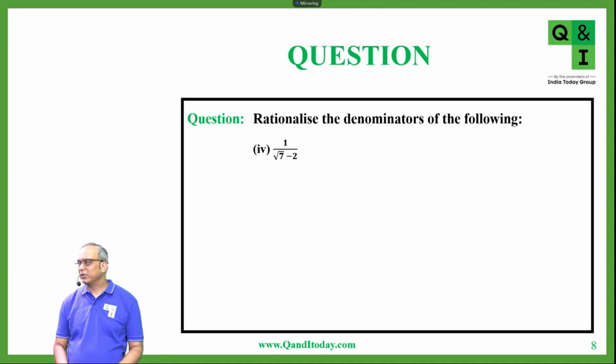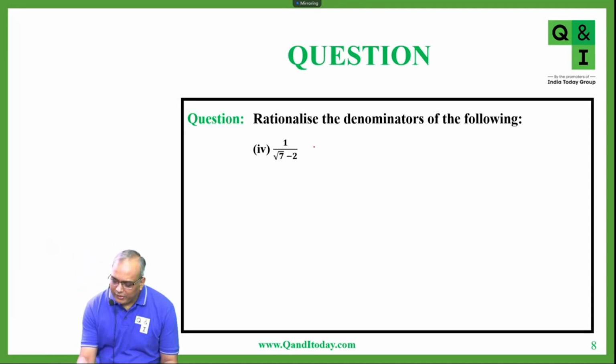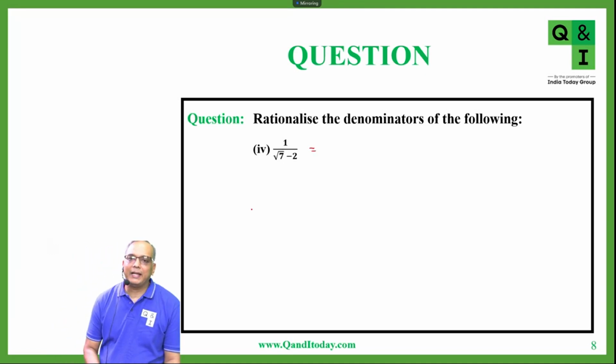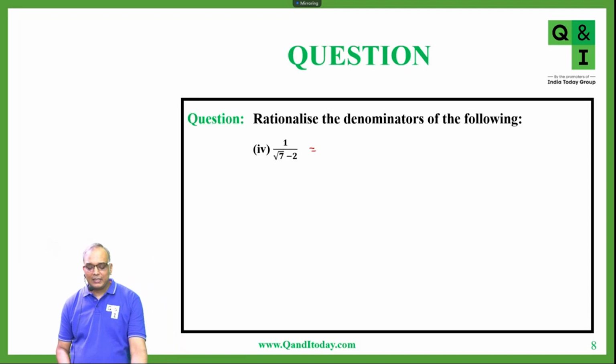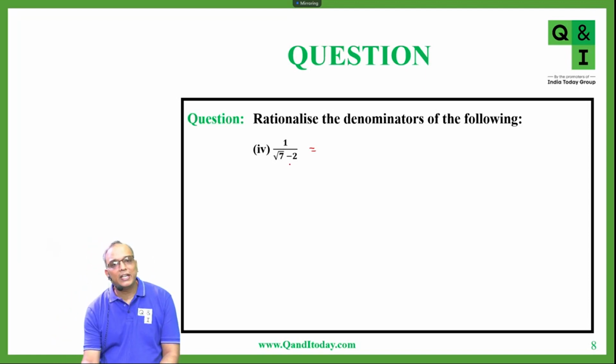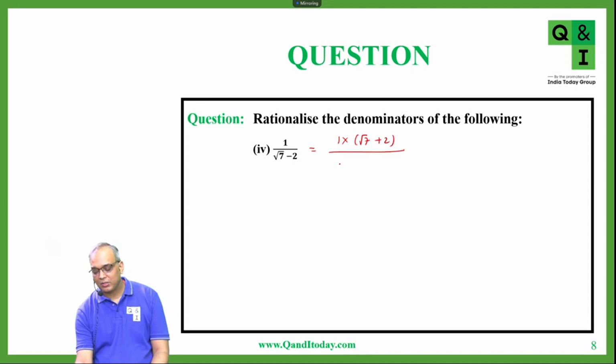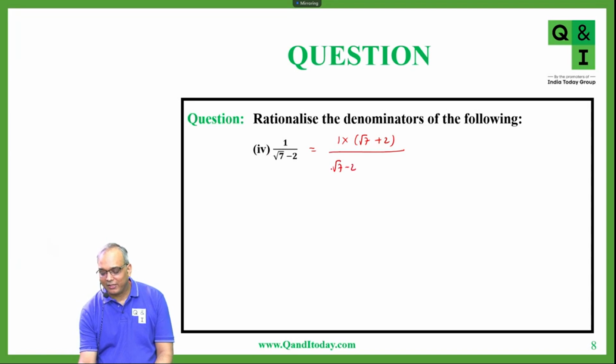Rudra, yes, you are also correct. So what we do, students, we multiply both numerator and denominator by the conjugate of root 7 minus 2. So we will multiply by root 7 plus 2, which is the conjugate of root 7 minus 2.